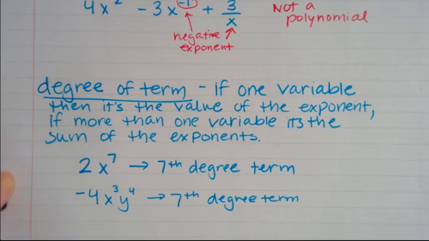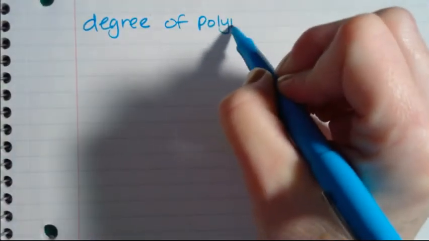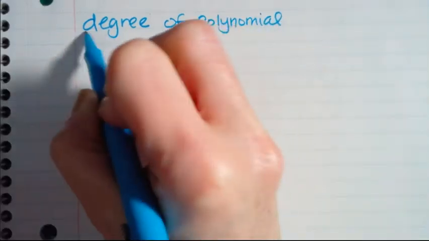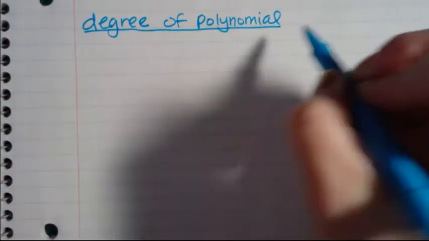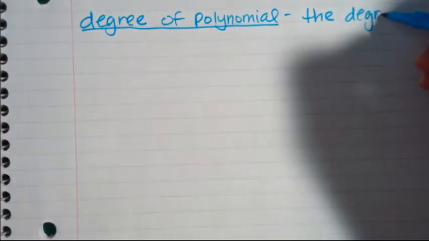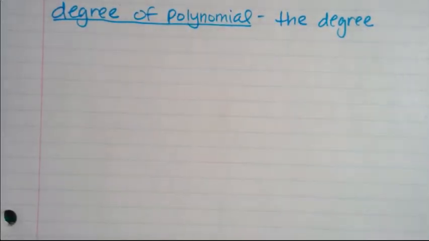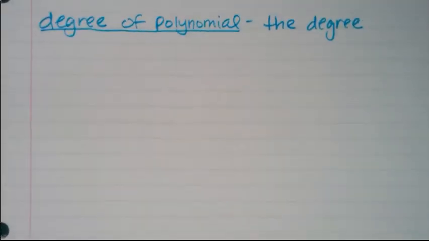Okay, so now let's look at the definition of degree of polynomial. The degree of the polynomial is the degree of its highest term.